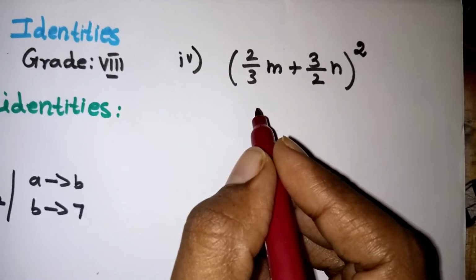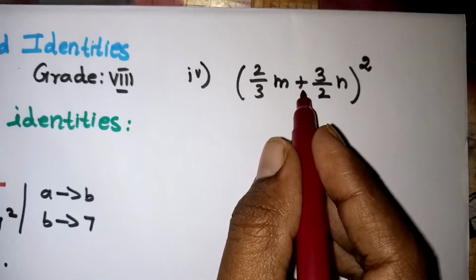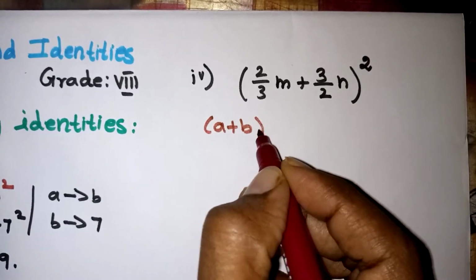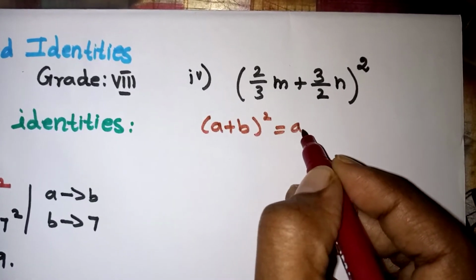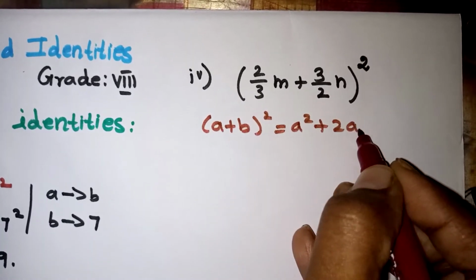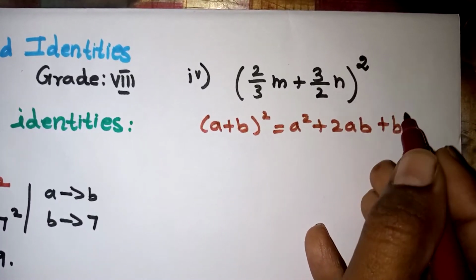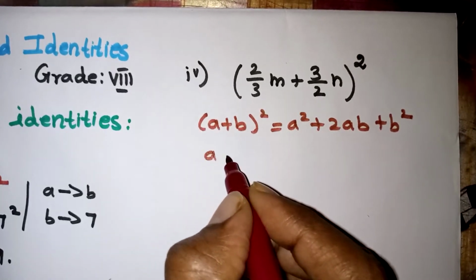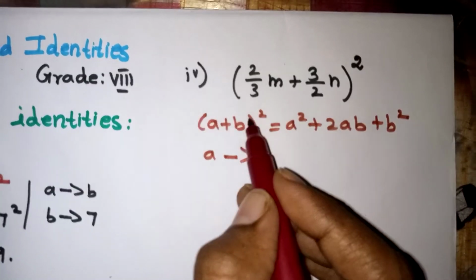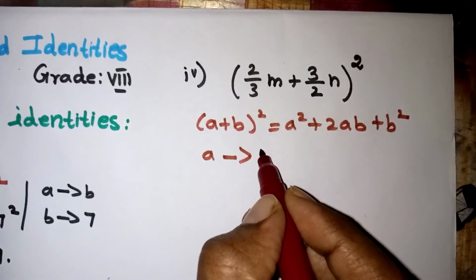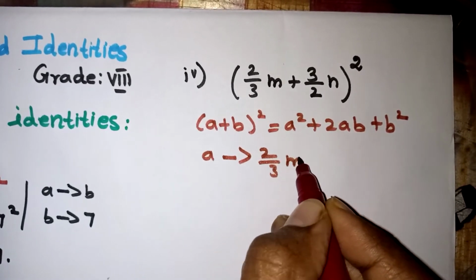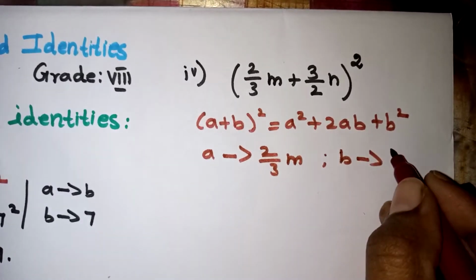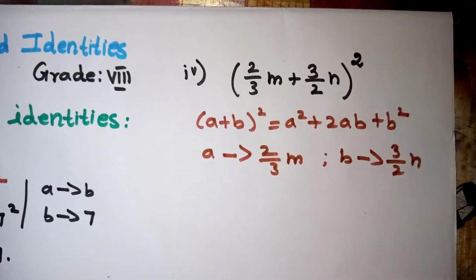Look at this problem. Now this looks like the plus formula. So here we are going to apply (a plus b) the whole squared equals a squared plus 2ab plus b squared. First let us identify what a is here and what b is here. The a value we replace as 2 by 3m, and the b value we replace as 3 by 2n. Now let's substitute.